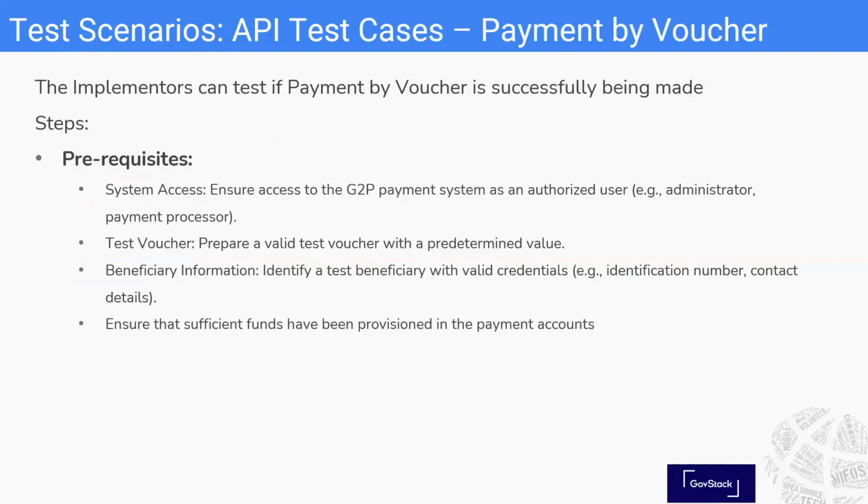Next, we come to the payment by voucher, or the voucher redemption case, that we are talking about specifically. As we showed you in the figure above, the voucher redemption case is applicable either through the agents or the merchant side, the acquirer side of it.